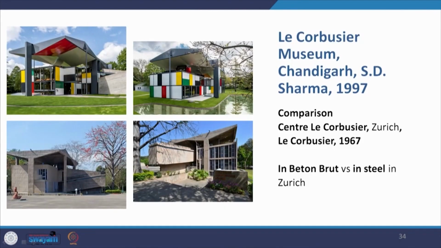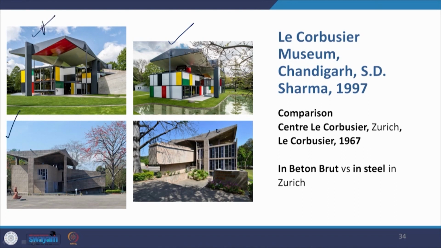Now one example of this clear influence of brutalism or the work of Corbusier is that he did the Centre Le Corbusier in Zurich in 1967, and this was in steel, and this was then adapted in beton brut by S.D. Sharma in 1997 for the Le Corbusier Museum in Chandigarh.